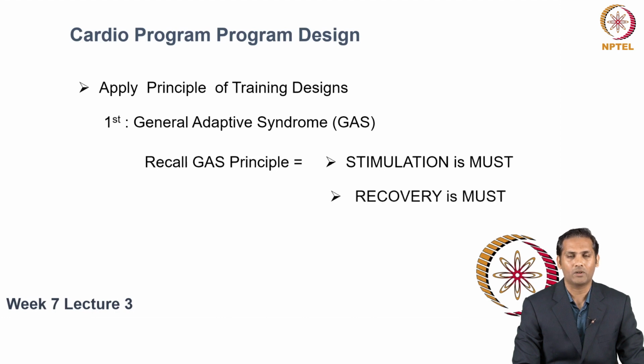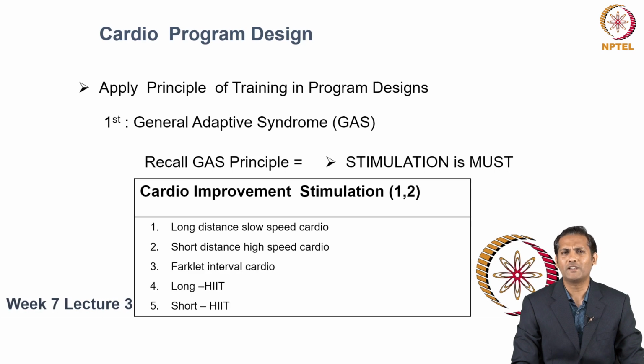The second part of applying the GAS principle is whether you are giving an optimal recovery by creating a sequence of stimulation, recovery, and retraining. The different types of stimulation you can use to improve cardio fitness level are long distance low speed cardio, short distance high speed cardio, Fartlek interval cardio, long HIIT and short HIIT.